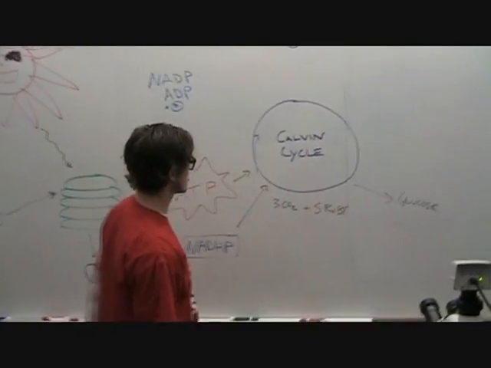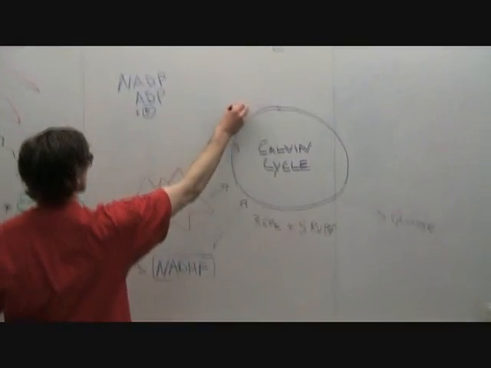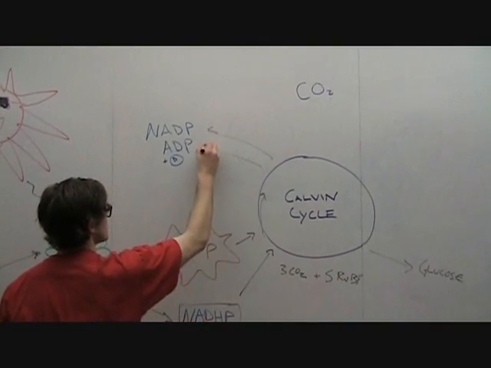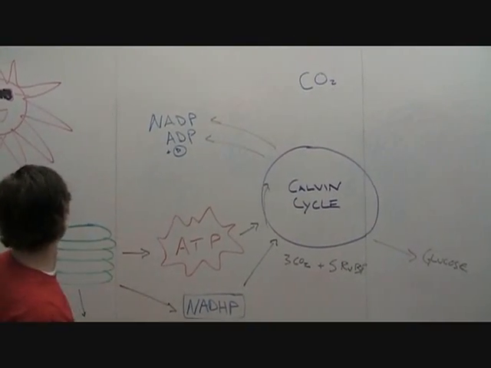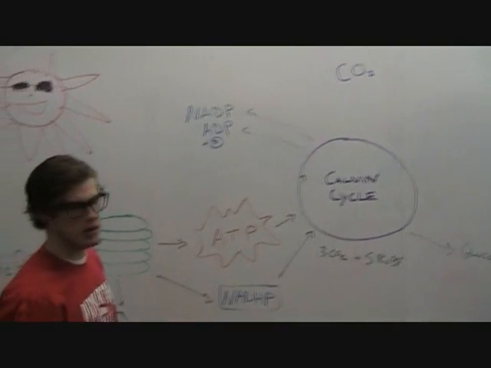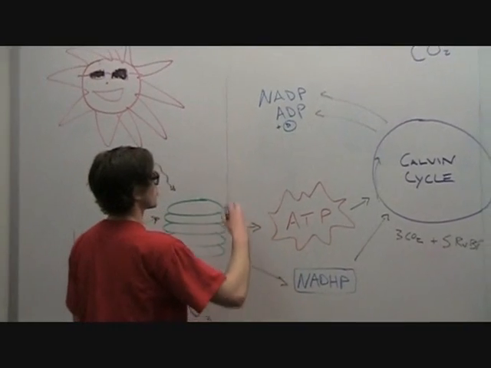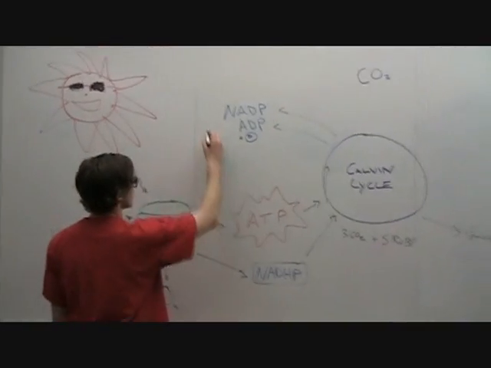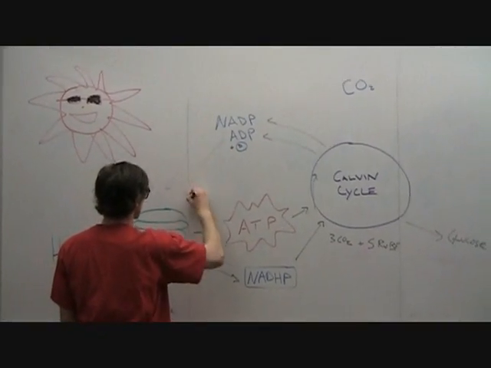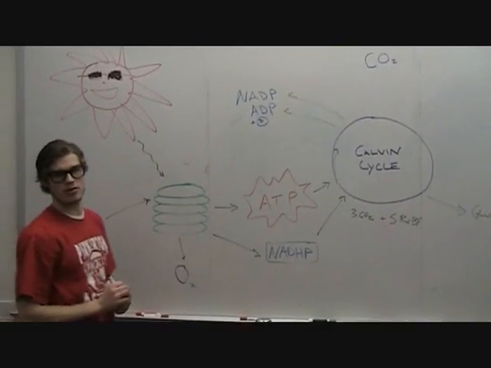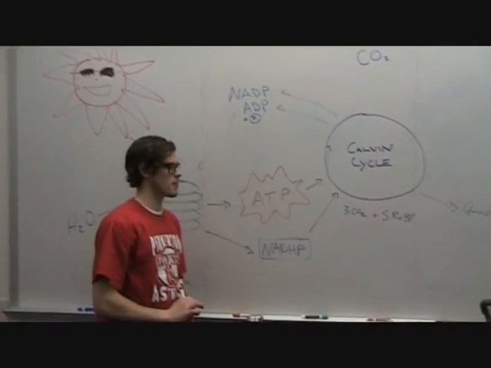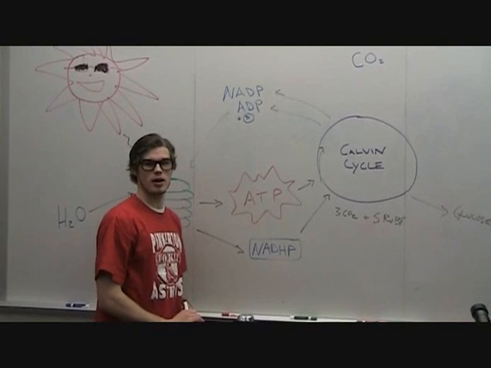Now the waste products of the Calvin cycle are going to be NADP and ADP, which is going to pick up the phosphate eventually. And the cool thing about photosynthesis is the cycle just keeps going on, so the NADPH and the ATP are actually going to come back down for the light reaction and help that out.